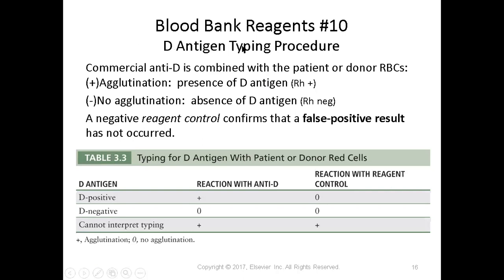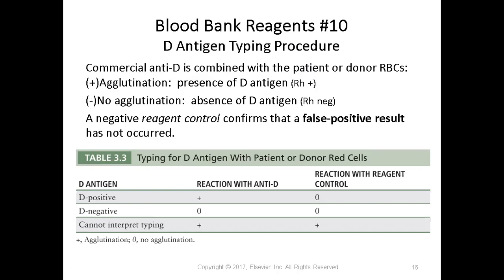For our D antigen typing procedure, similar to what we talked about with anti-A and anti-B, there is a commercial antiserum directed against D antigen. In the same way that we do our forward typing, we would have an additional tube. I would label it D, and I would add a drop of anti-D with a drop of my patient's diluted red blood cells, and centrifuge at immediate spin, just like we previously discussed.